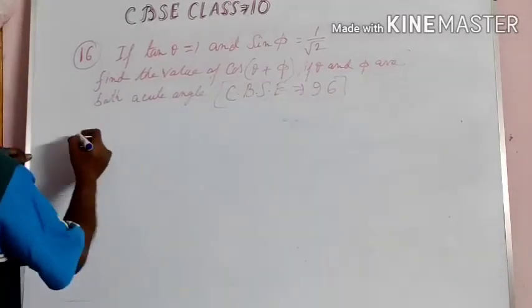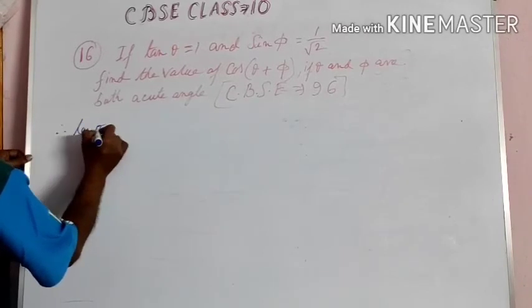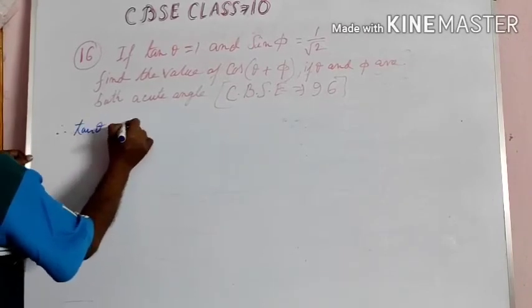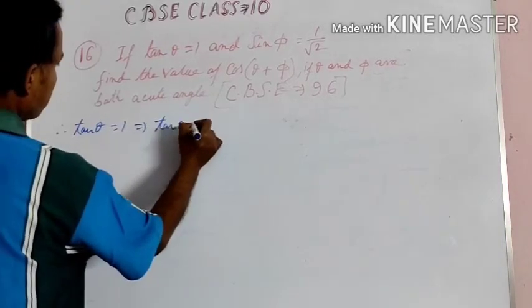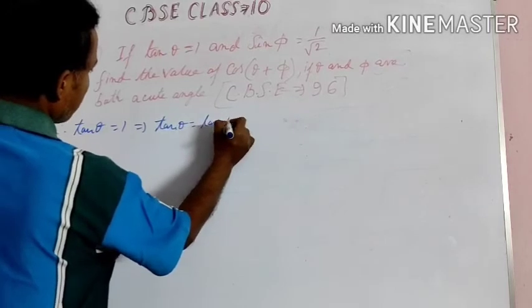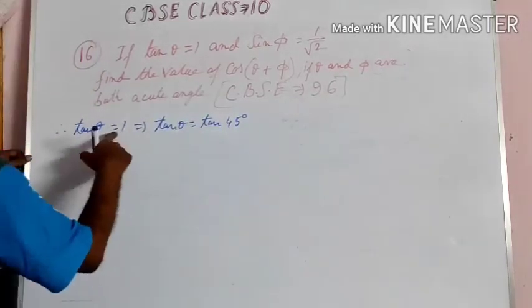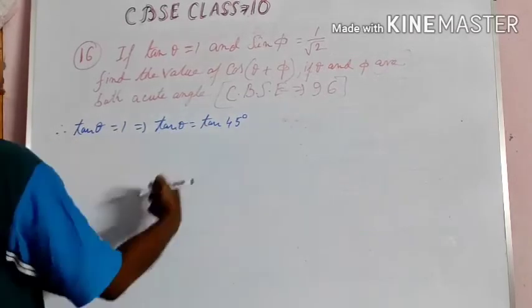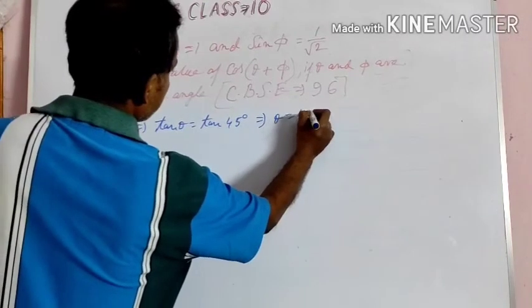So here tan theta is equal to what? Equal to 1, or tan theta is equal to tan 45 degree. Tan 45 degree is equal to 1. So theta is equal to 45 degree.